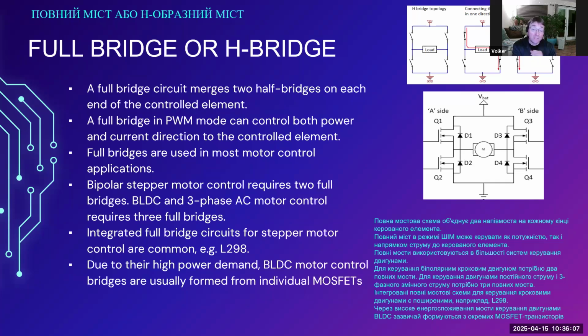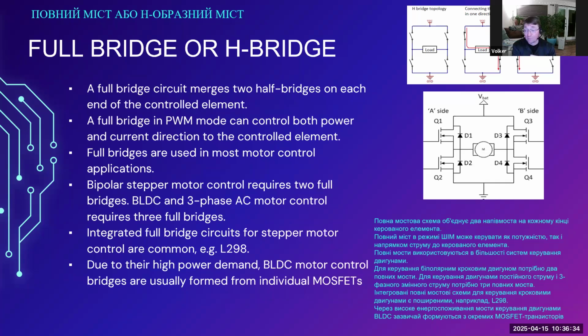For example, I've mentioned here the L298, that's actually two full bridges intended for a bipolar stepper motor that has two different windings, two different coil accesses, and it's an older circuit. The L298 is very common, so you have two H bridges to drive a stepper motor.